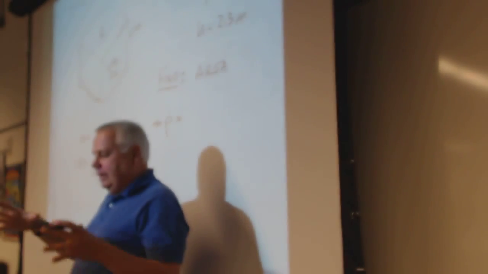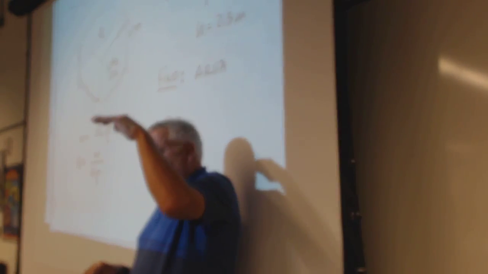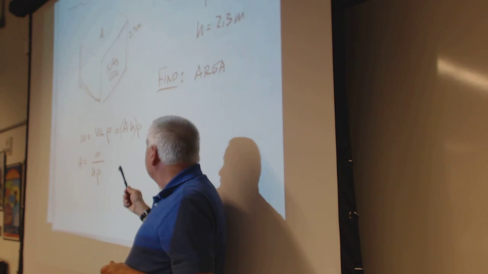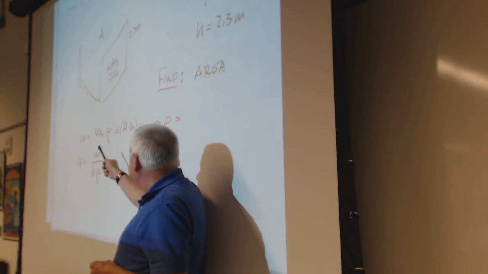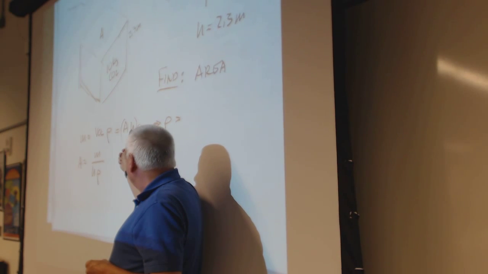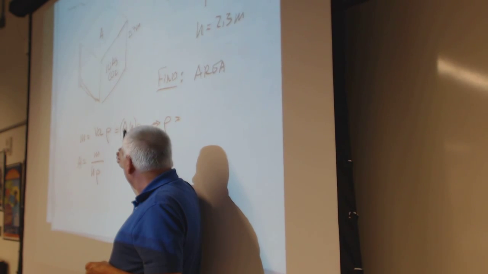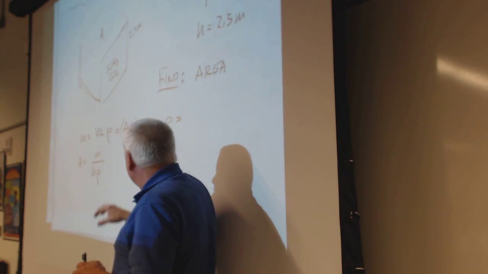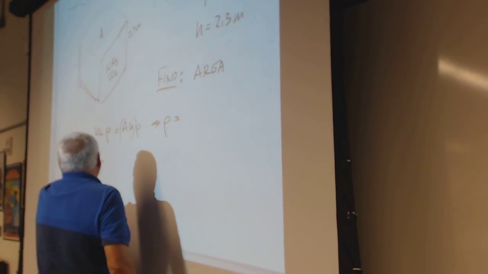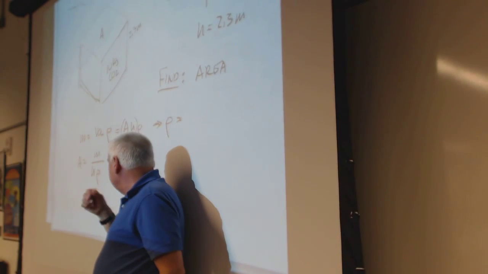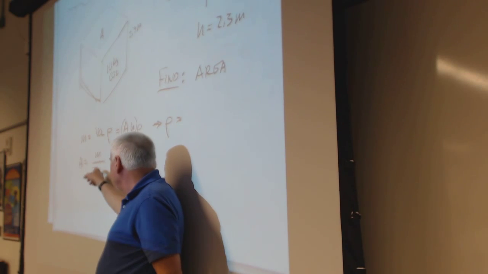And the volume is an area times a height. So area times height times density should give me mass. I know the mass. I know the height. What I'm looking for is the area. So I'm going to reorganize this equation and take all this stuff and put it over here. Area equals mass divided by height times density.